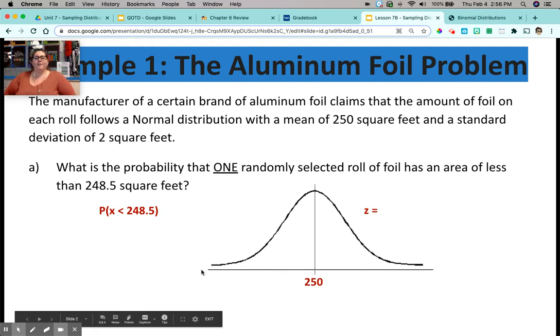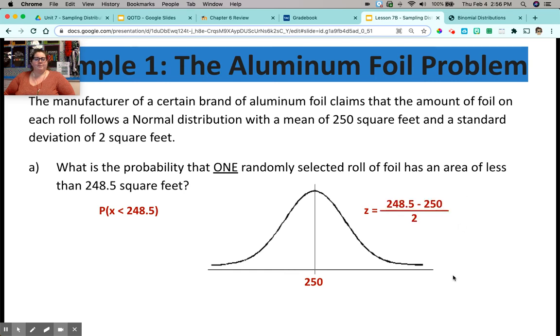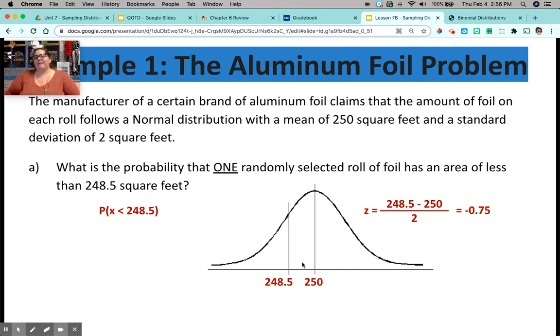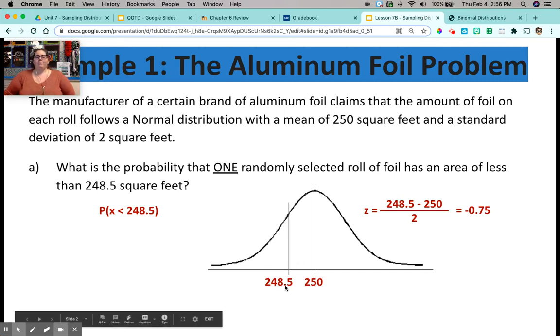We don't know how far below, in terms of its standard deviation. So I'm going to find my z-score. My observed value of 248.5 minus the mean of 250 divided by 2 square feet gives me a z-score of negative 0.75. So it's not very far away at all. And then we want less than that.